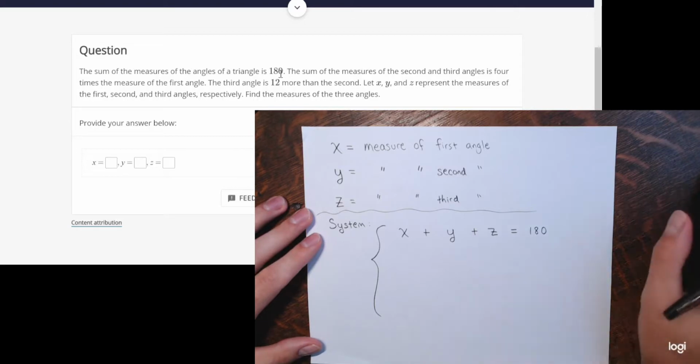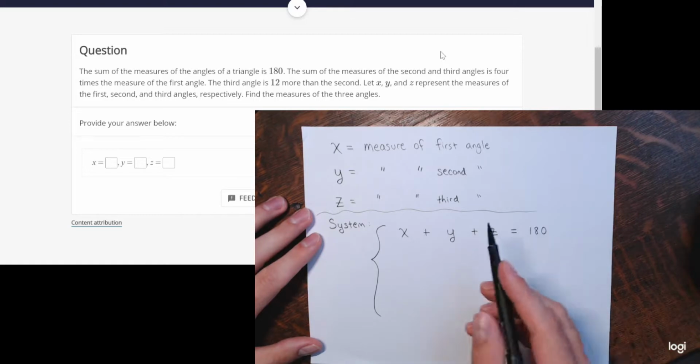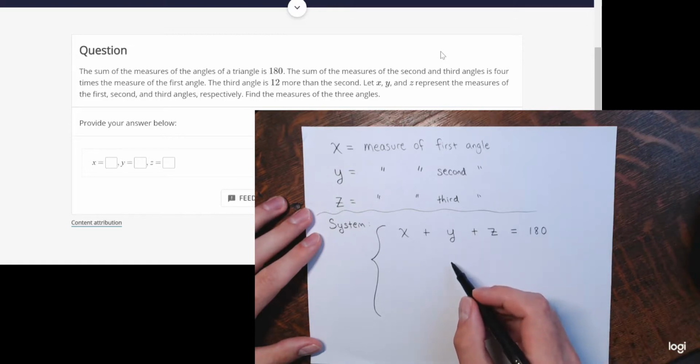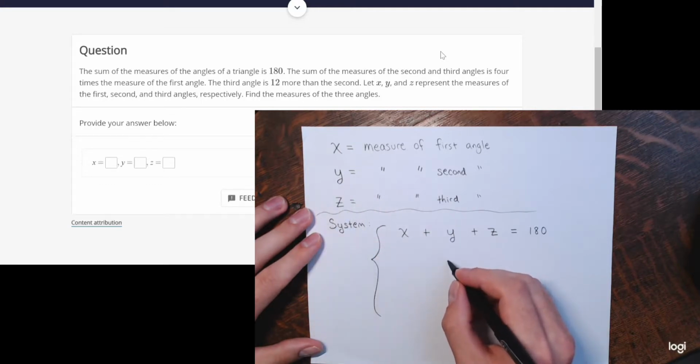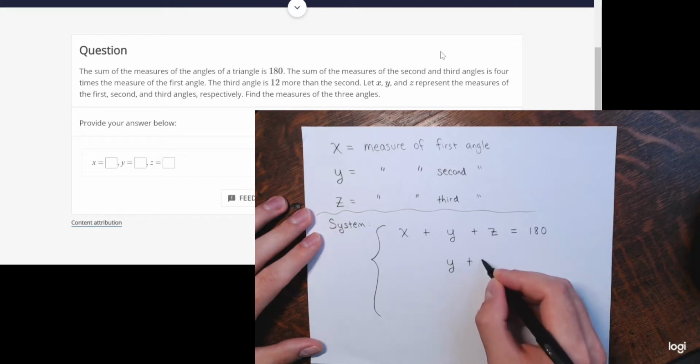The next sentence gives me my next equation. The sum of the measures of the second and third angles is, alright, so the left side, the sum of the measures of the second and third angles. Now the second and third angles are represented by y and z. So the sum would be y plus z.